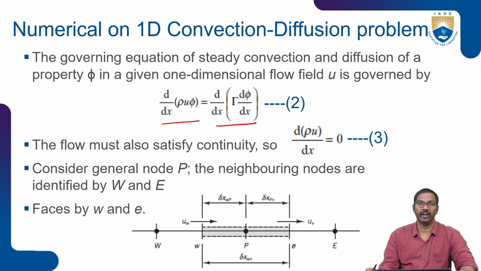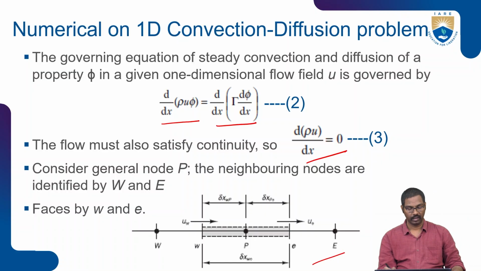Since this is a steady flow problem, the continuity equation can also be considered: d by dx of (rho u) equal to 0. This is the representation of the finite volume cells: the center point capital P, small w is the cell face towards the left, small e is the cell face towards the right, and capital E and capital W are the neighboring nodes.